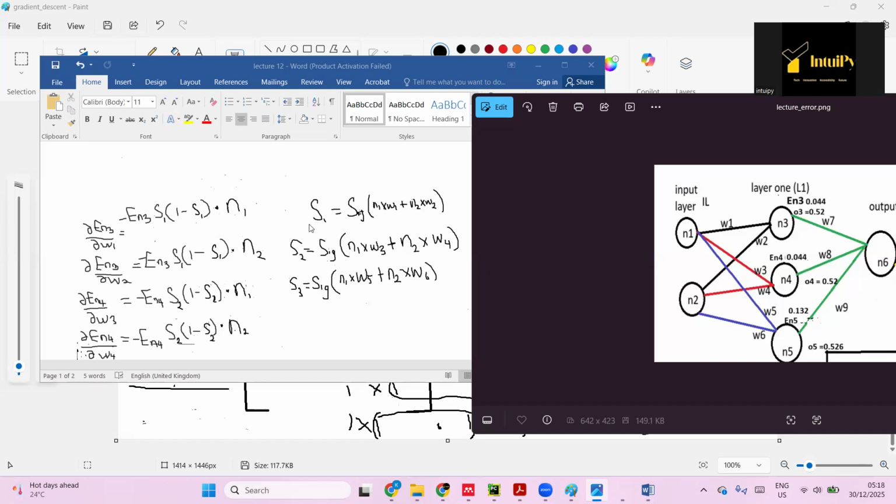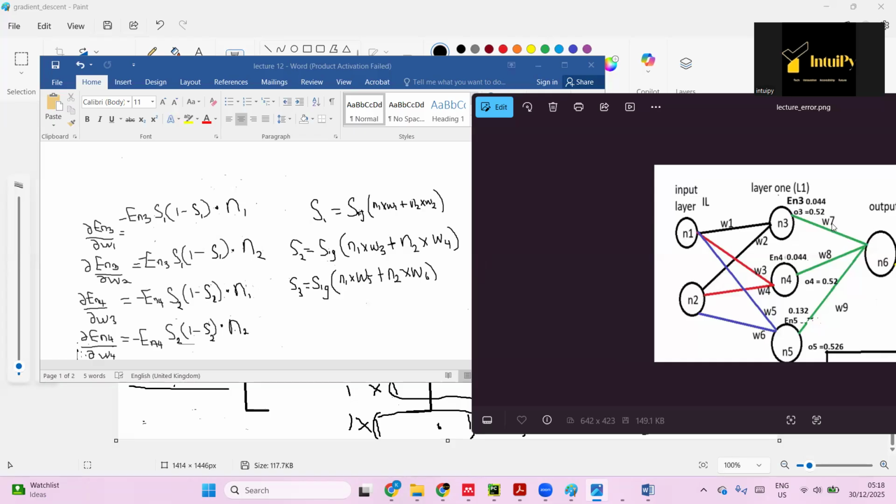So that gives our S1, and then the output from the previous node. So anytime you want to adjust W1, you would have to look at the error in front and then the output from the previous node.